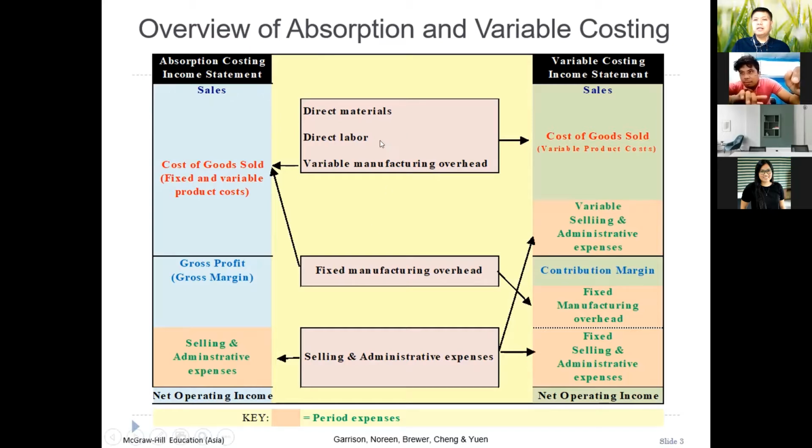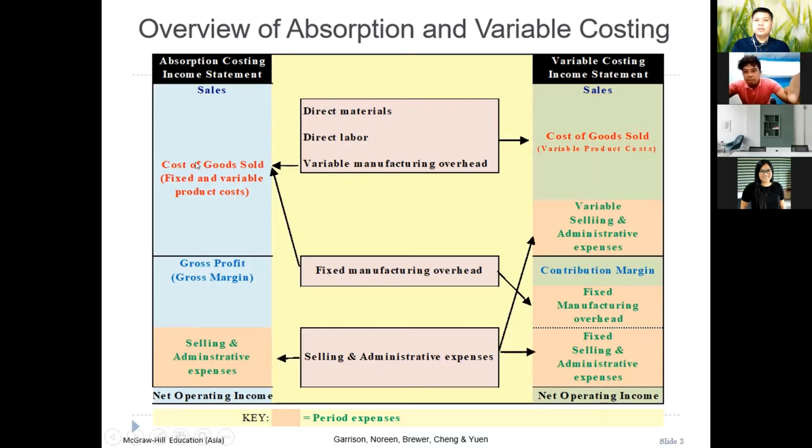Okay, in the middle, you have the three elements of cost. Which are they? The direct materials, the direct labor, and the manufacturing overhead. But as you see here, manufacturing overhead is broken down into variable manufacturing overhead and fixed manufacturing overhead. In the absorption costing income statement, both the variable and the fixed manufacturing overhead form part of the cost of goods sold.